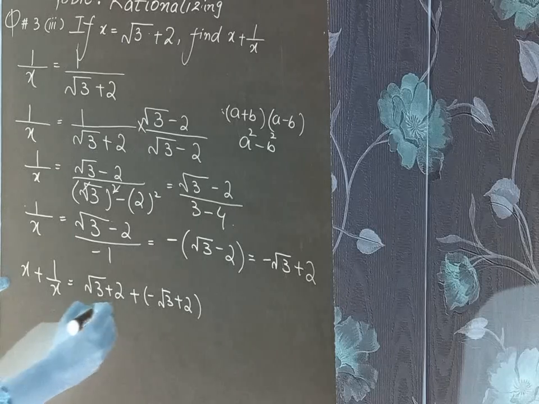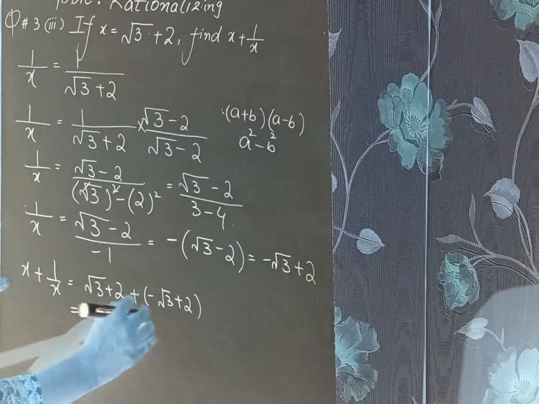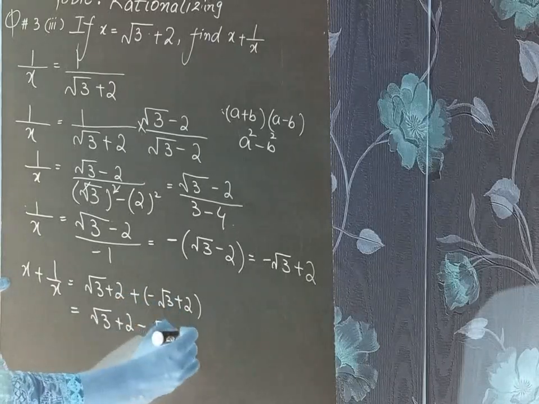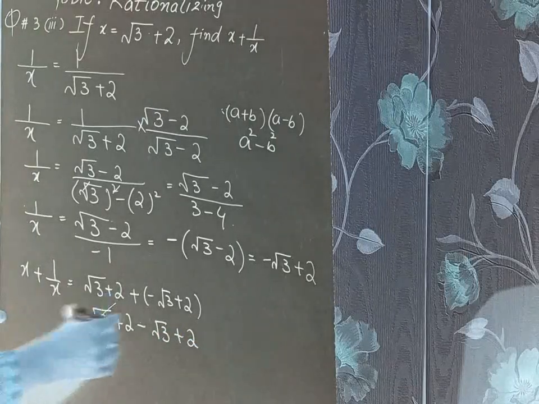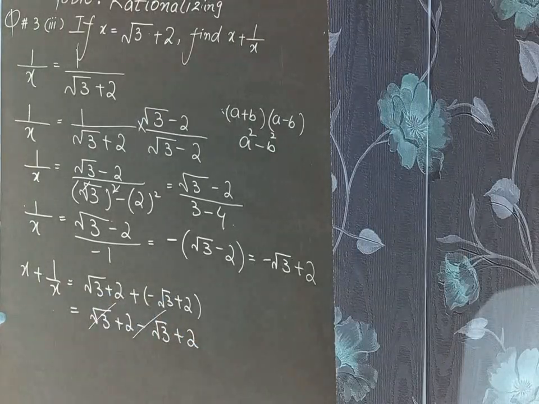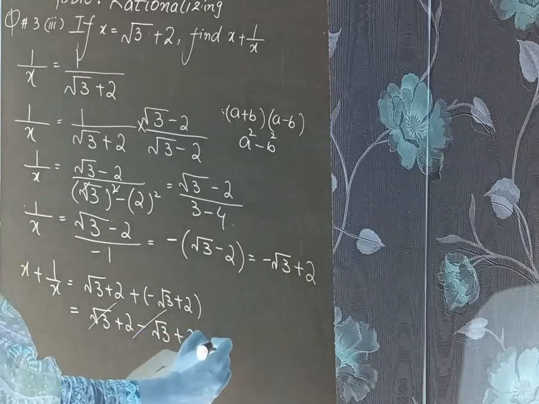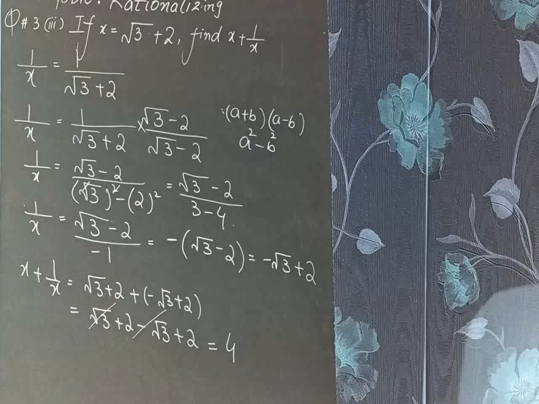We are going to open these brackets: under root 3 plus 2 plus minus under root 3 and plus 2. Now you can see that plus under root 3 and minus under root 3 can be cancelled, they are opposite terms, and 2 plus 2 is equal to 4. So the value of x plus 1 over x is equal to 4.